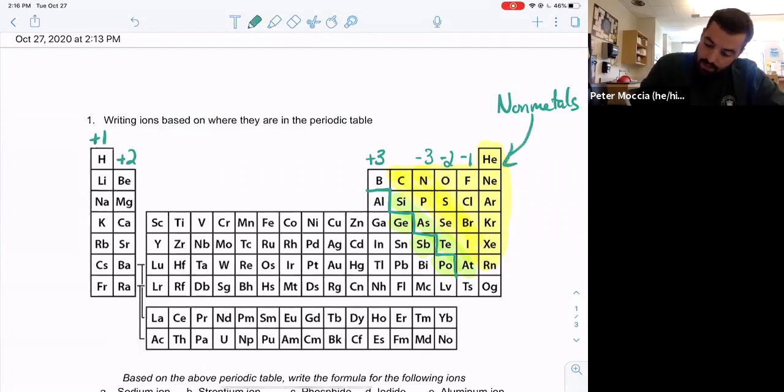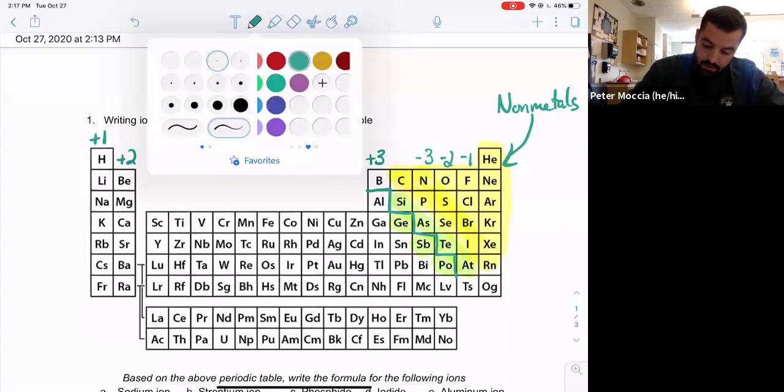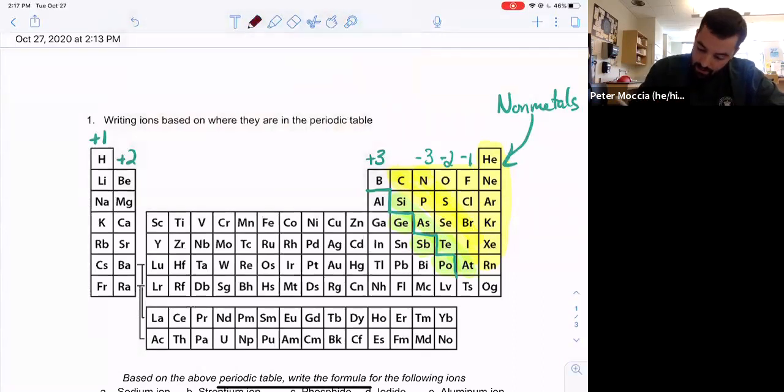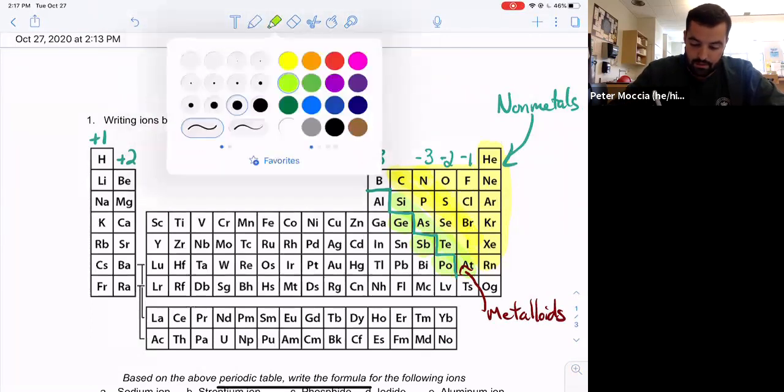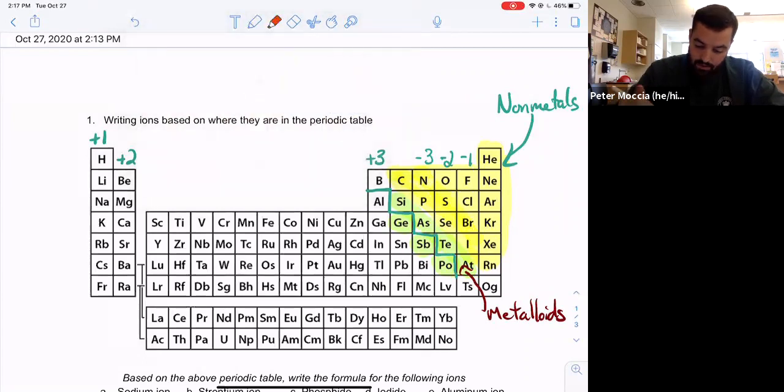So here you have the nonmetals, and then in this lime green you have what are called the metalloids. And then over here you have your metals. Everything from here on over.